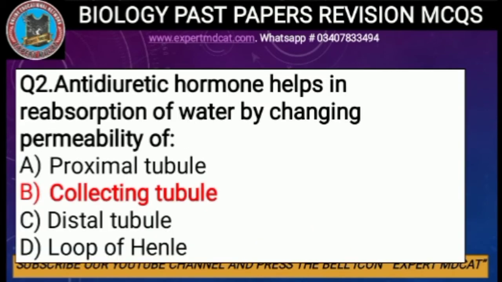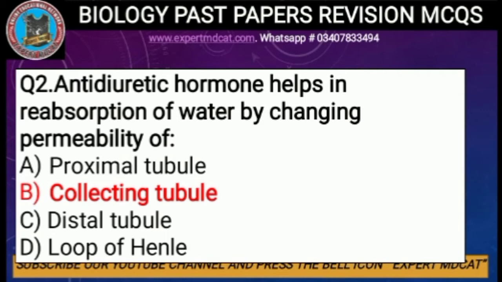Question number 2 is: antidiuretic hormone helps in reabsorption of water by changing permeability of. Options are proximal tubule, option B is collecting tubule, option C is distal tubule, and option D is loop of Henle. Here the correct option is B, collecting tubule.